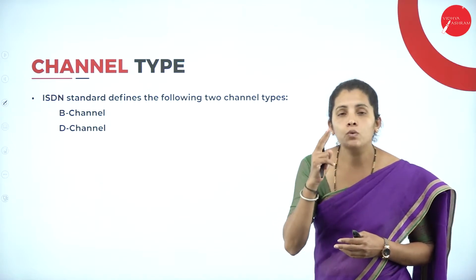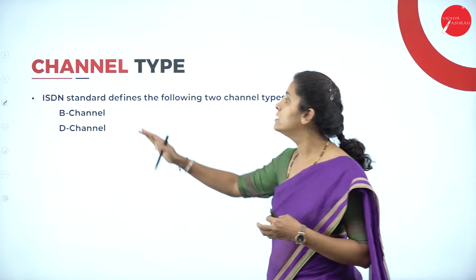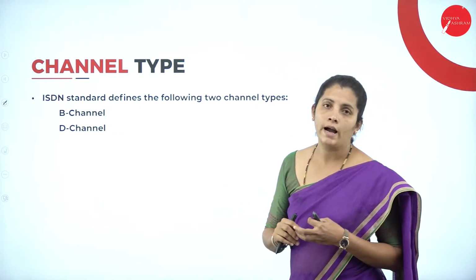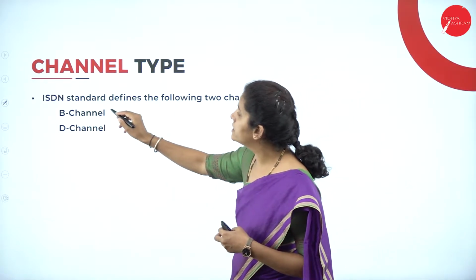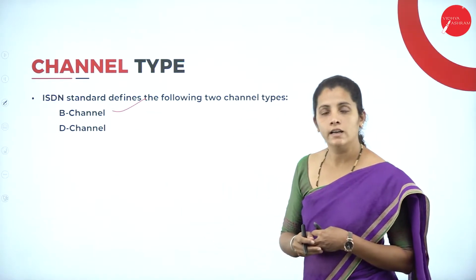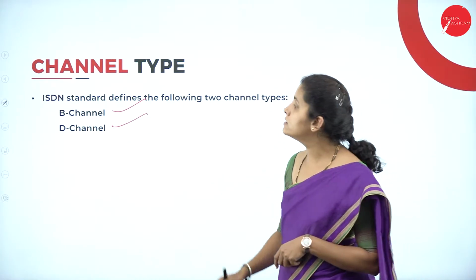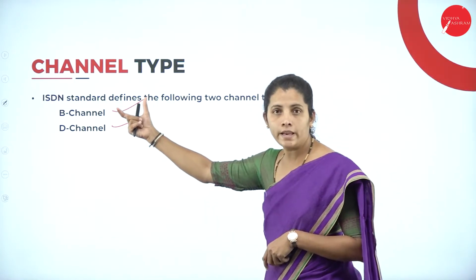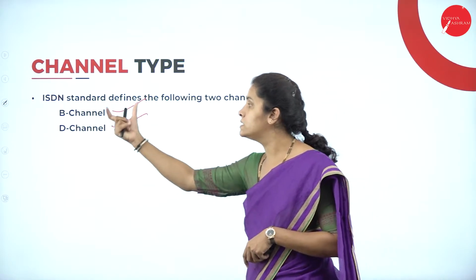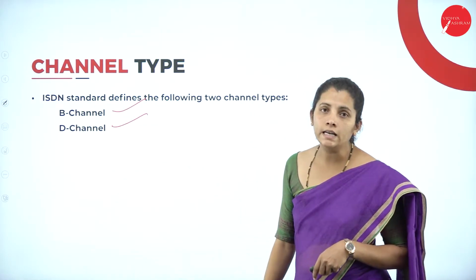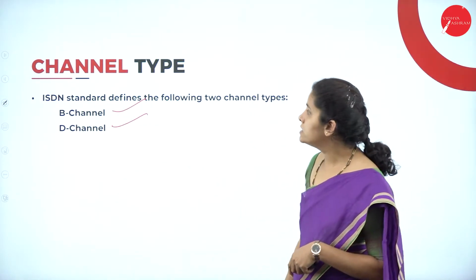Here we are going to use two different channels of ISDN. The first one is the B channel and the other channel is the D channel. The B channel means bearer channel, whereas the D channel means delta or data channel.